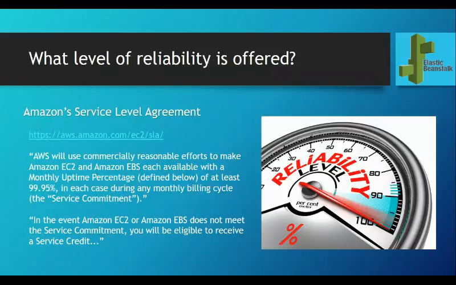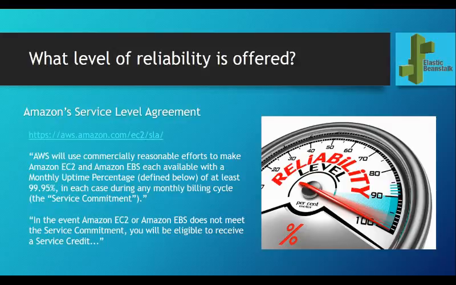All right, so Amazon's service level agreement. We were looking into what kind of reliability they offer. AWS will use commercially reasonable efforts to make Amazon EC2 and Amazon EBS, which is Elastic Beanstalk, each available with a monthly uptime percentage of at least 99.95% in each case during any monthly billing cycle.